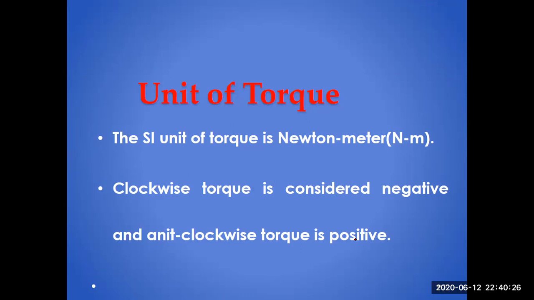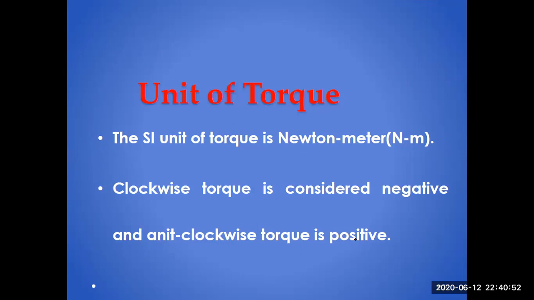The reason is that your thumb is showing the direction of the torque, so its direction is positive, along the positive z-axis. Similar is the case when you move clockwise. Draw two perpendicular lines on the surface of the board and move your finger from y to x. Your thumb will be inside the board, along the negative z-axis.